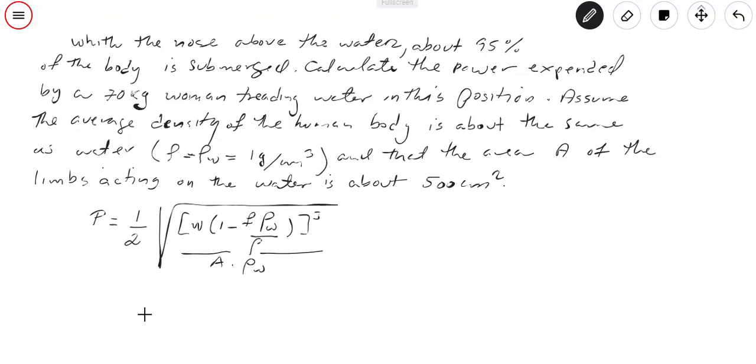This is the formula we're going to use to calculate the power expended to stay afloat.